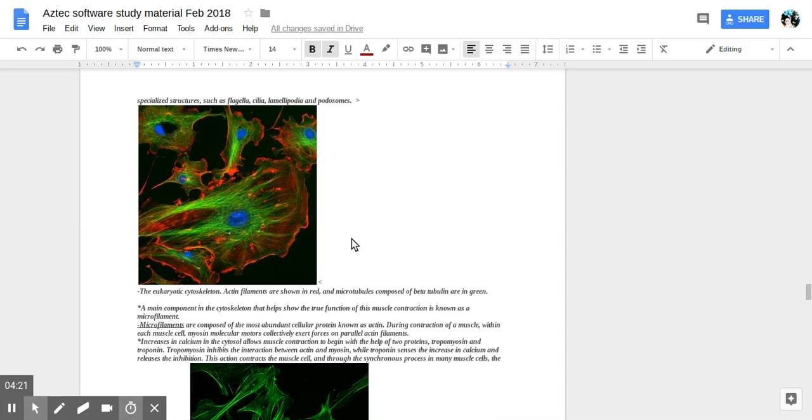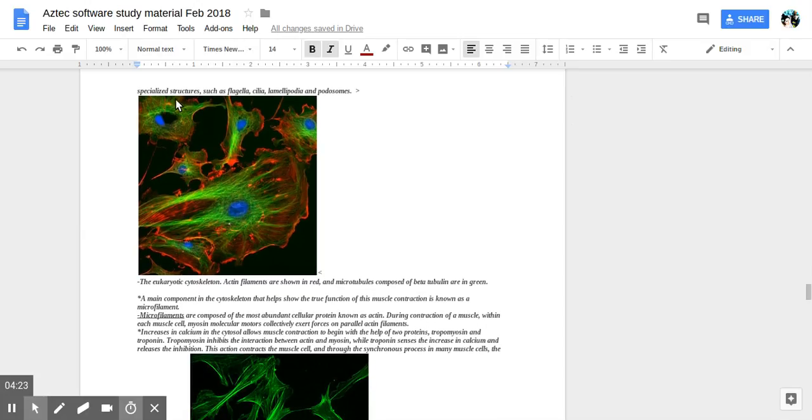So here in the picture, we have the staining of the cytoskeleton of the eukaryotic cell. Actin filaments are shown in red. They are thinner, and you can see them more on the outside. Microtubules are thicker. Their components are tubulins, and they could be either alpha or beta.